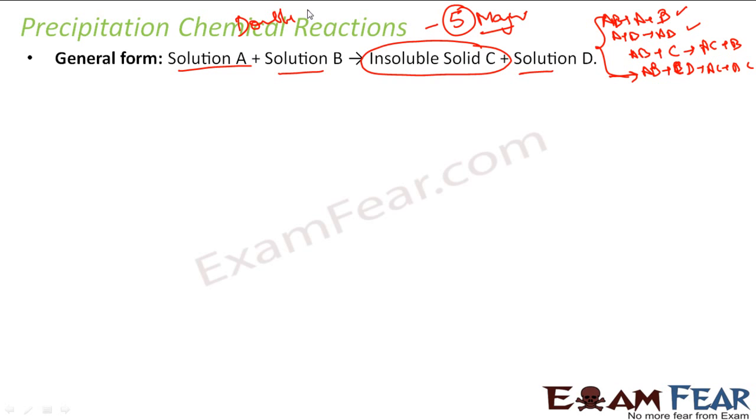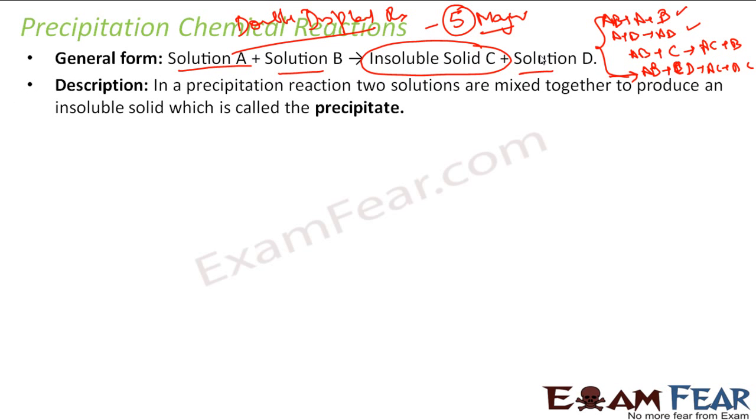It's a type of double displacement reaction. In 99% of cases, a precipitation reaction is an example of double displacement reaction. So you have 2 solutions, you mix them, you get one insoluble substance, that is nothing but the precipitate.